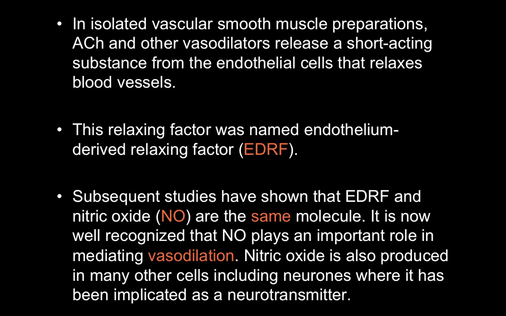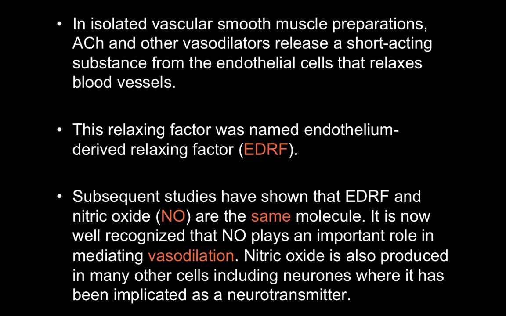In isolated vascular smooth muscle preparations, acetylcholine and other vasodilators release a short-acting substance from the endothelial cells that relaxes blood vessels. And for a long time, we thought that this relaxing factor was endothelium-derived relaxing factor. But after some further studies, we realized that this EDRF that we were thinking is some separate entity is actually simply nitric oxide.